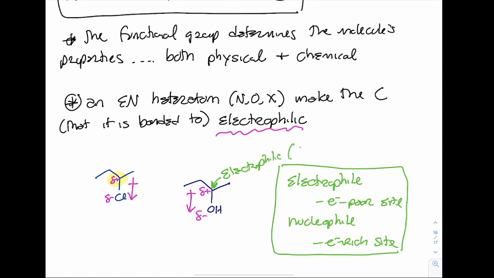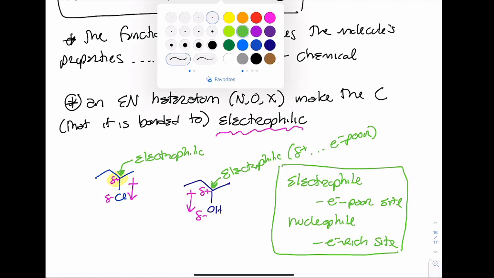It's partial positive, it's electron poor. So alcohols and alkyl halides end up with an electrophilic carbon.